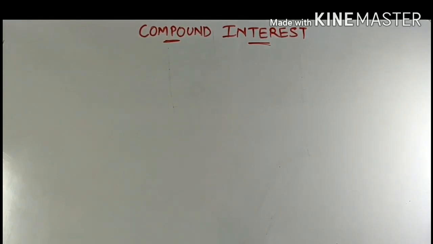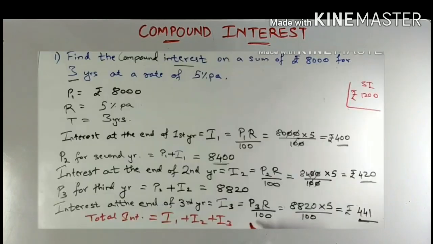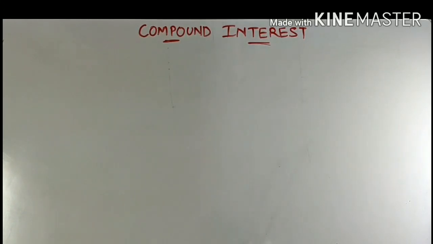We had solved a problem based on simple interest and one problem on compound interest, where we are finding the interest for every year and then adding it to find the compound interest.